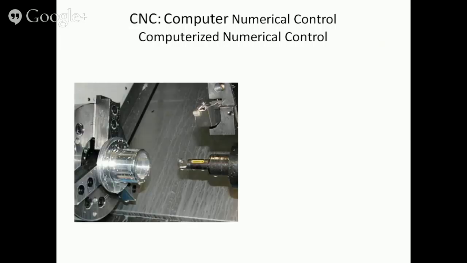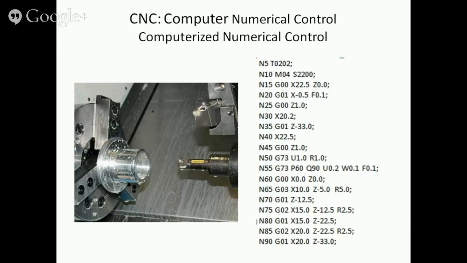And now CNC, Computer Numerical Control, sometimes also called computerized numerical control, stands for the automated operation of a machine tool, a CNC lathe machine in this case, with a computer program, which in our case is called a CNC program.